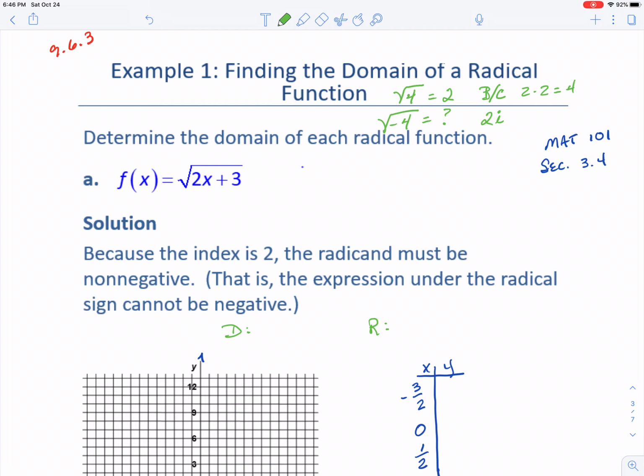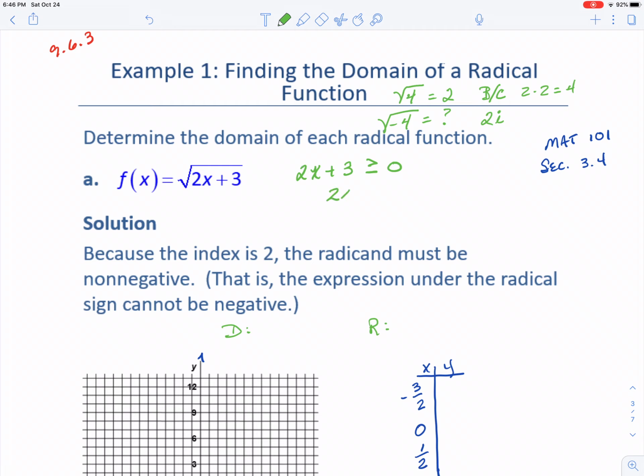So this 2x plus 3 radicand has to be something greater than 0 or equal to 0. So it has to be positive. That's what greater than 0 means, positive. Or it can be equal to 0.